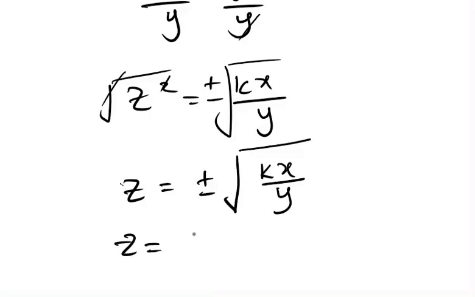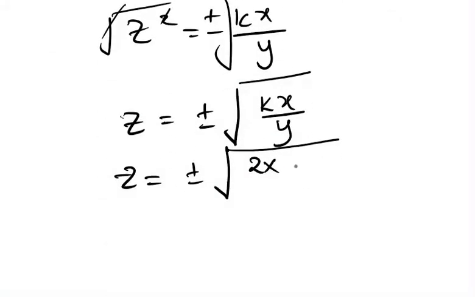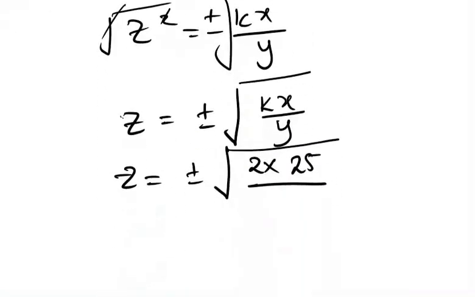Then we put the values now, since we have everything. z equals plus or minus square root. So what's k? k is 2. What is x? x we've been given is 25, over y. What is y? y we've been given to be 2. So this and this will cancel out.